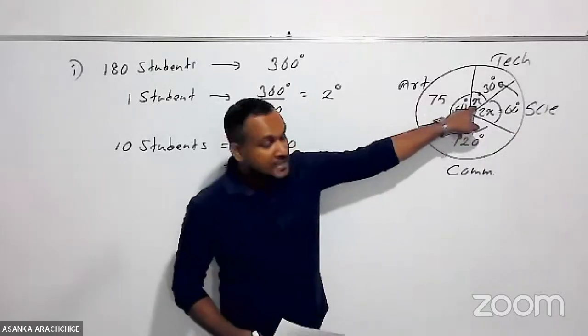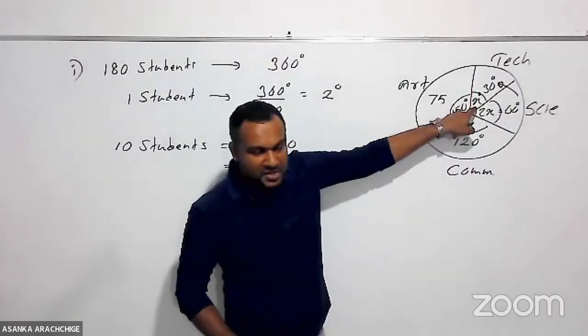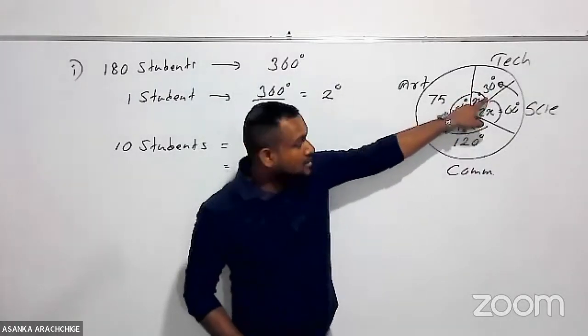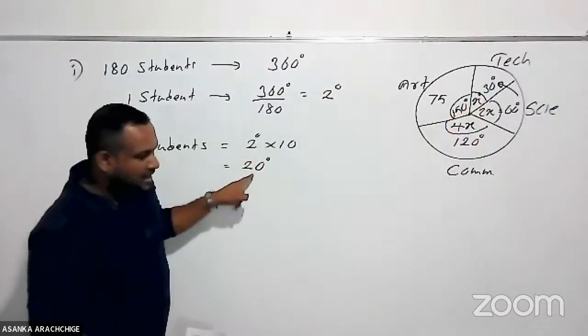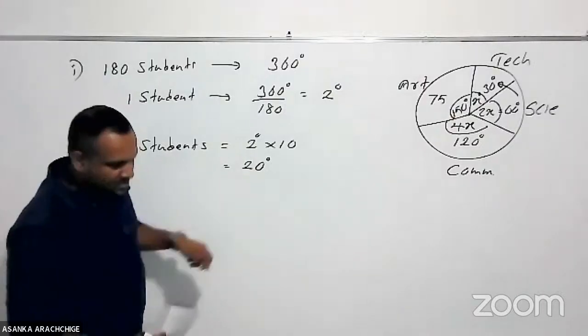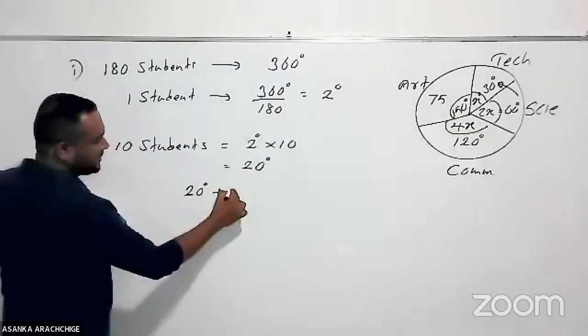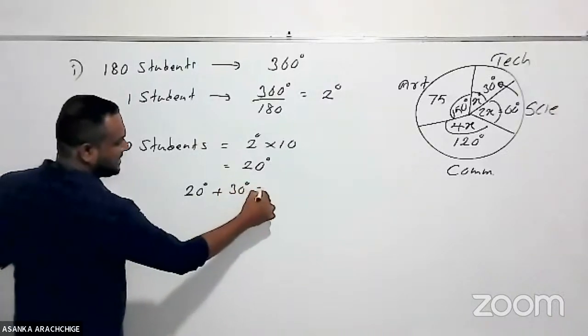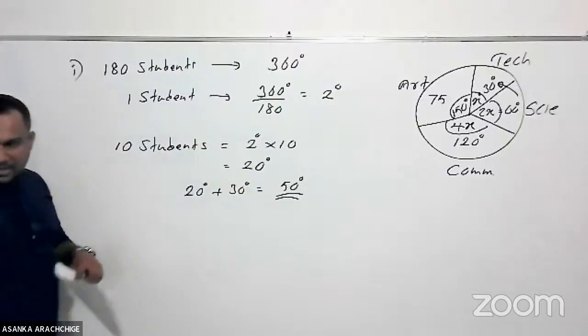The central angle of the sector which represents the technology stream was 30 degrees before. Now it is increased by 20 degrees. Therefore the new angle is 20 plus 30. Now it must be 50 degrees. Is that clear?